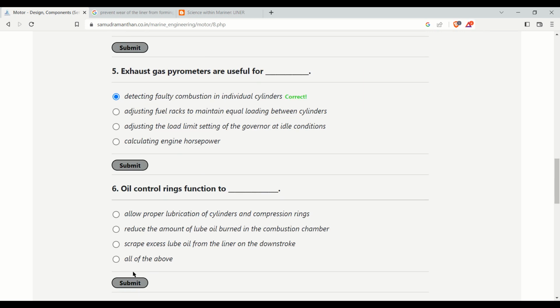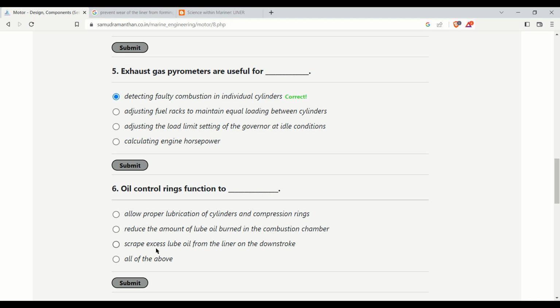Oil control rings function to, and the options are allow proper lubrication of cylinder and compression rings, reduce the amount of lube oil burnt in the combustion chamber, scrape excess lube oil from the liner on the downstroke, all of the above.